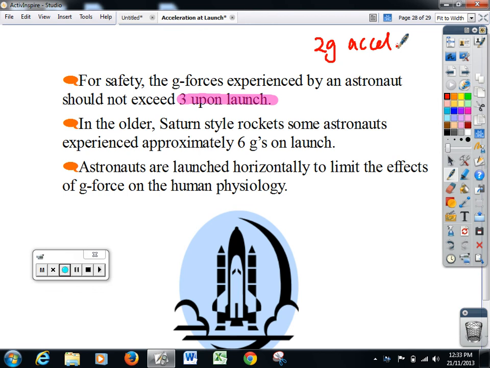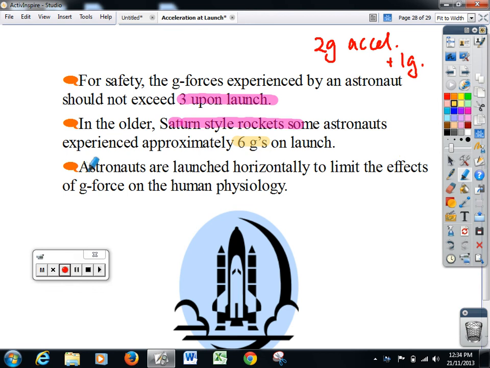That's the rocket. Okay? Don't forget the plus 1g is because of the seat, or the reaction of the seat. In the past, you'll find if you do some research that in the old Saturn-style rockets in the 1960s and 70s, we did get up to 6Gs, and we now limit that to 3Gs.